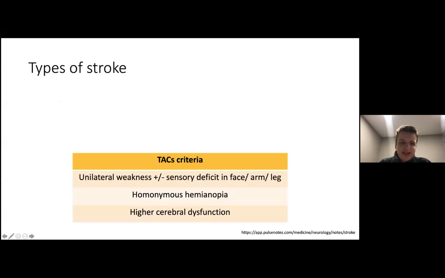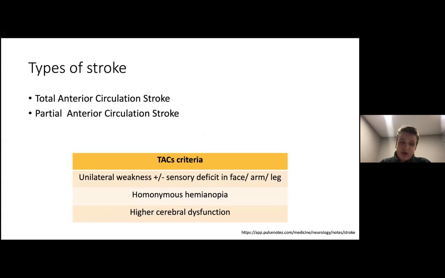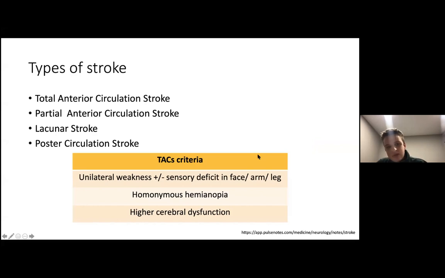To make things more complicated, unfortunately, there are different types of stroke you can have depending on what vessel is blocked. This is for ischemic strokes. You can have a total anterior circulation stroke, a partial anterior circulation stroke, lacunar, or a posterior circulation stroke. This is the TACS criteria.